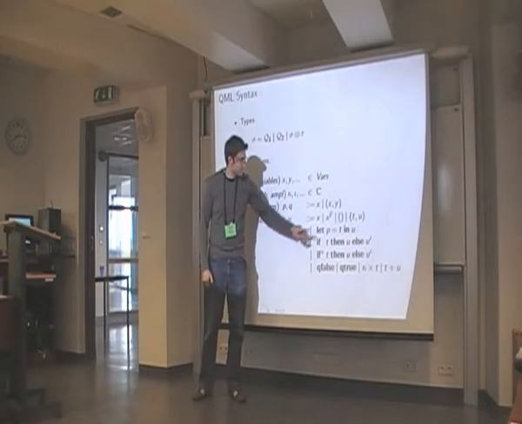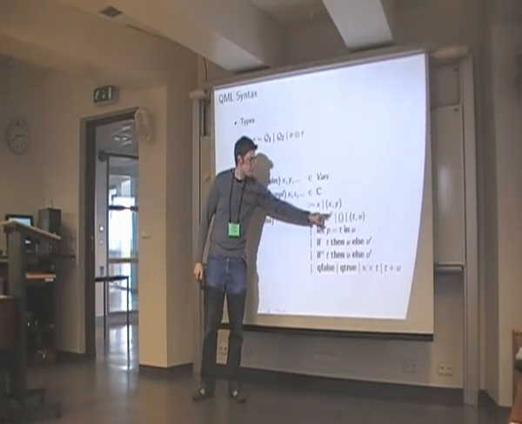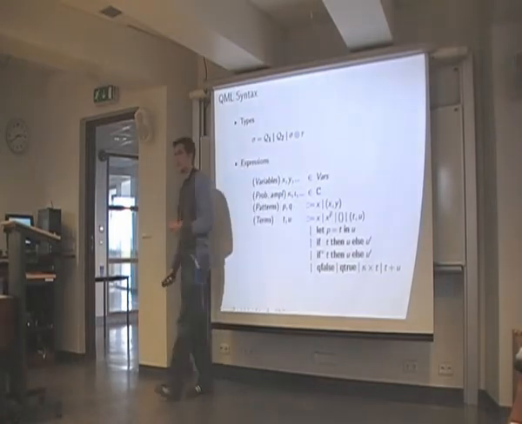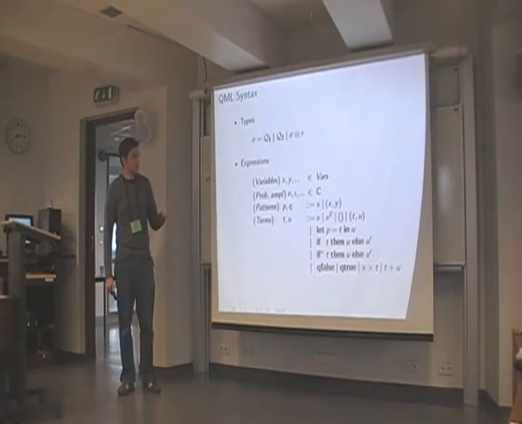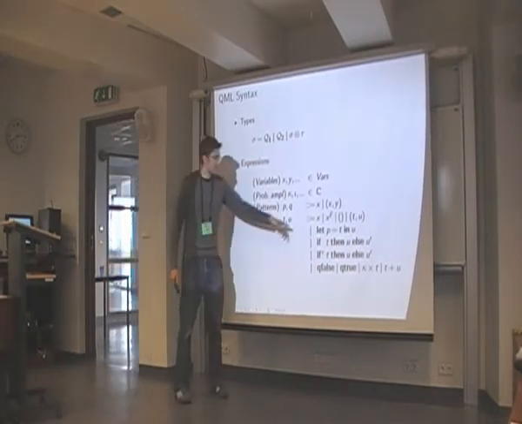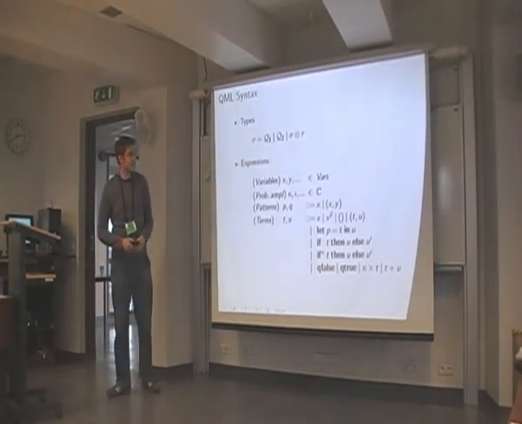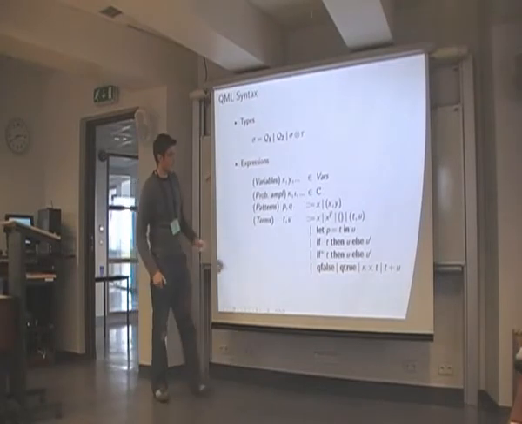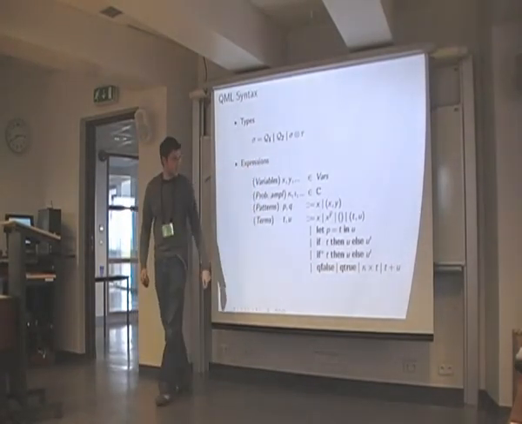We can have a variable. This one's a bit different. This means we return the variable x, and any variables that are mentioned in y are measured. So that's where our weakening comes in. The units, we have pairs of terms. There's let expression over patterns. And then we have two if statements. And these are our classical control, which is the normal if, and quantum control, the if with the little circle.